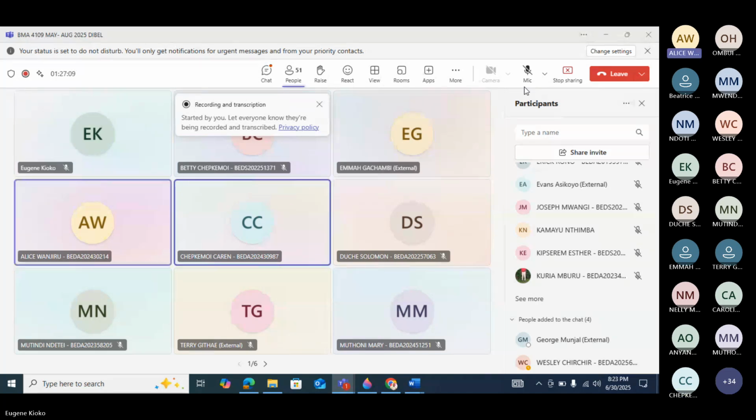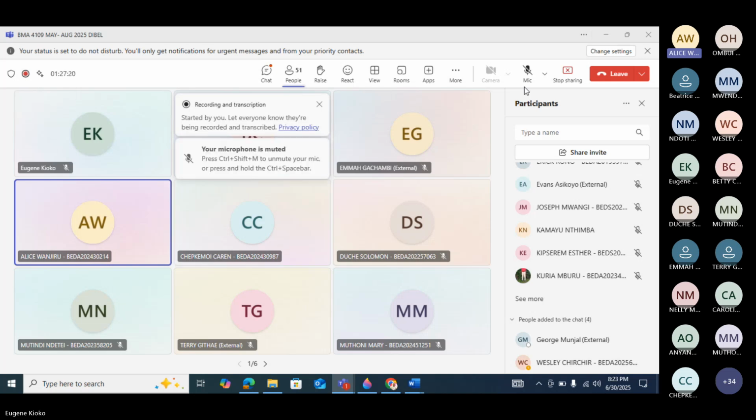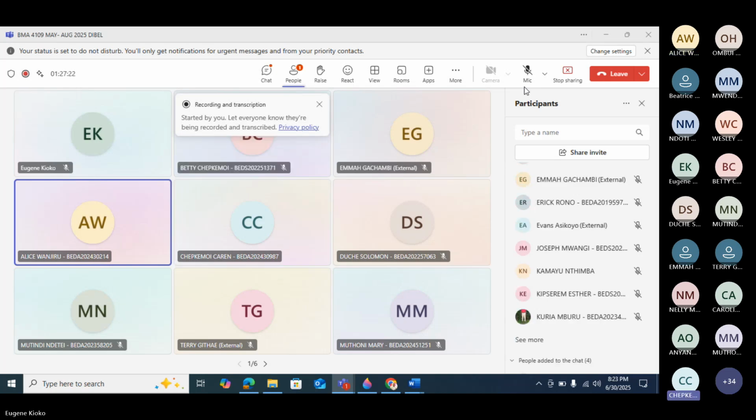So hapo kuna function of x weke y is equals to 3x minus 1. Now from there make x the subject. Inakuwa pande moja, hizi zingine the other side. Umepata nini?